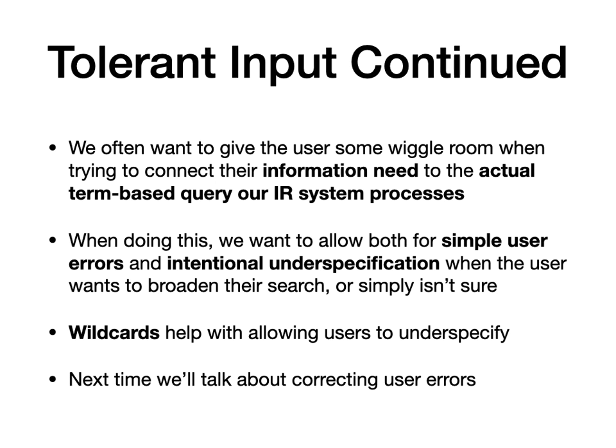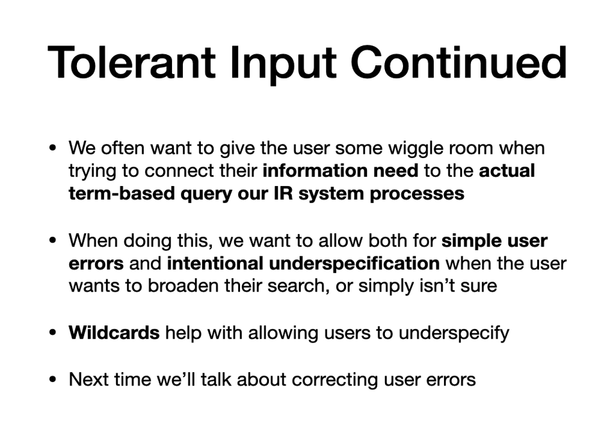So that's tolerant input, our introduction to it, and a full rundown of wildcards in these search systems. The idea is we want to give users a little bit of room to screw up, a little bit of room to not know everything about their search term, right? Because even with equivalence classes, we still assume the user knows what they're looking for.